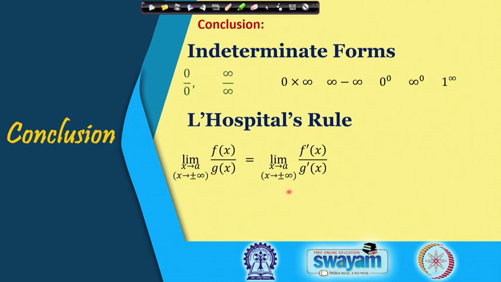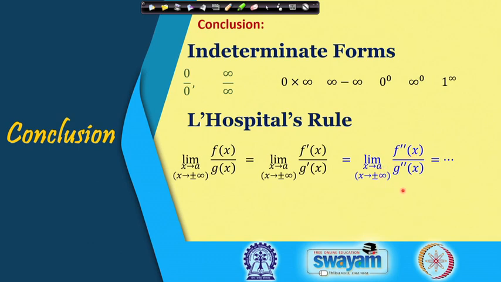And if again f prime and g prime both take the form 0 by 0 or infinity by infinity, then we can again apply the rule, and we will get that this limit is equal to the limit of the ratio of the second derivatives, and so on. We can continue further till we get the limit.